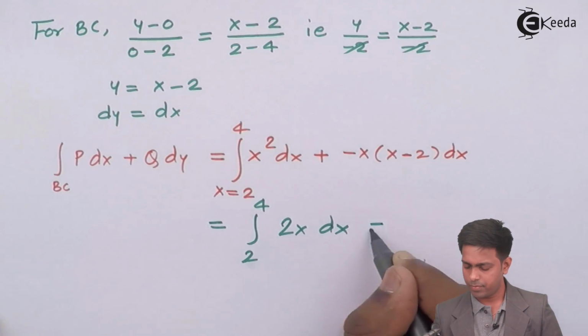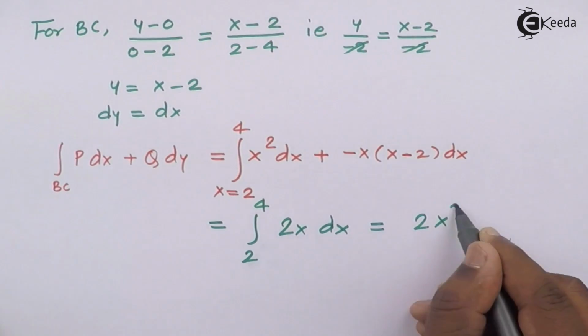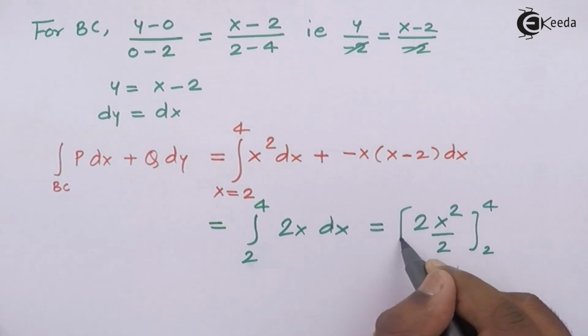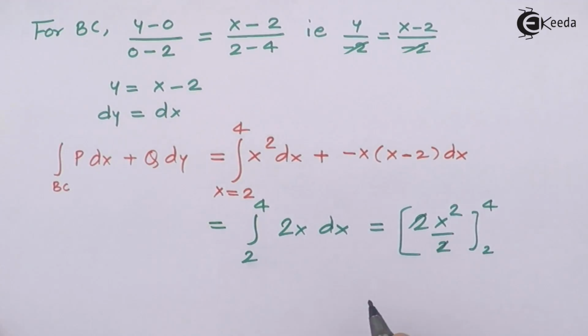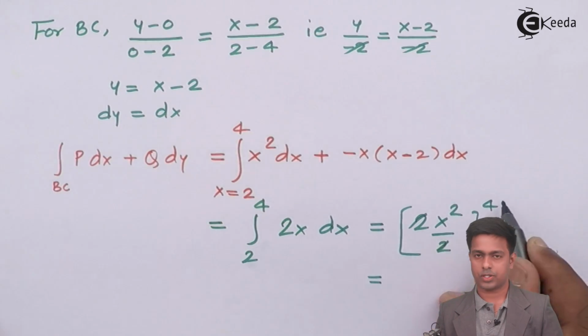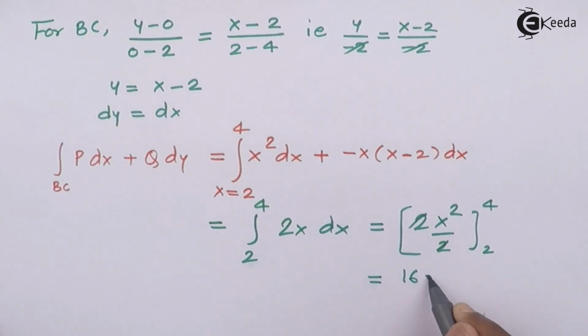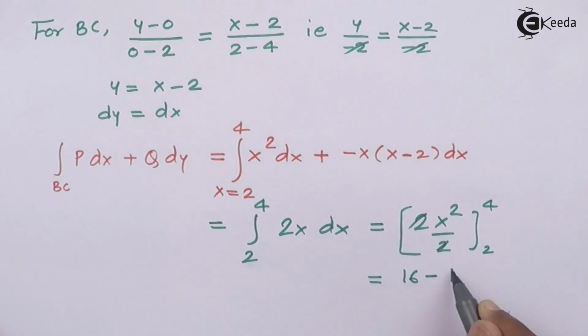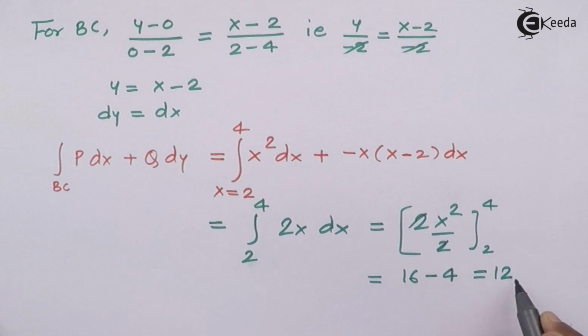This will become 2 outside, integration of x is x square upon 2 from 2 to 4. 2 and 2 cancel. Now let's find it out. Square of 4 is 16, minus, let's put the lower limit, square of 2 is 4, and therefore the answer is 12. So we got the line integral along BC as 12.